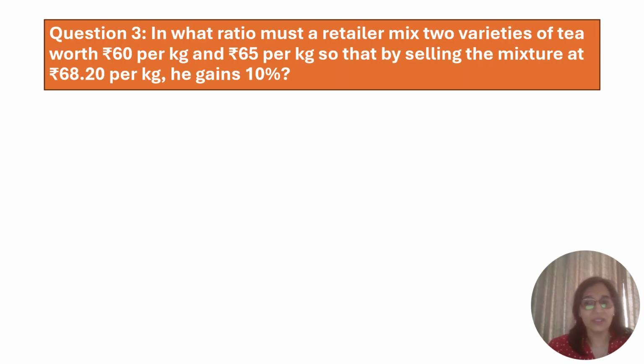Let's see question number 3. In what ratio must a retailer mix two varieties of tea worth rupees 60 per kg and rupees 65 per kg so that by selling the mixture at rupees 68.20 per kg, he gains 10%. Now here he gets a profit of 10%.